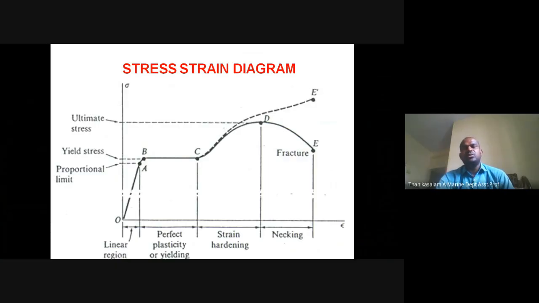Yield stress means that after a small amount of load is applied, the body gets strained; we apply load again and the strain continues to increase. C to D, strain hardening. The D point is ultimate stress. The E point is breaking stress, with necking forming.